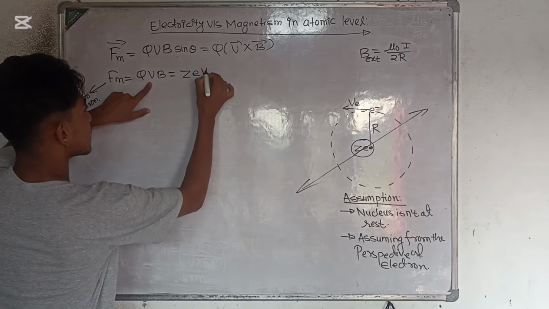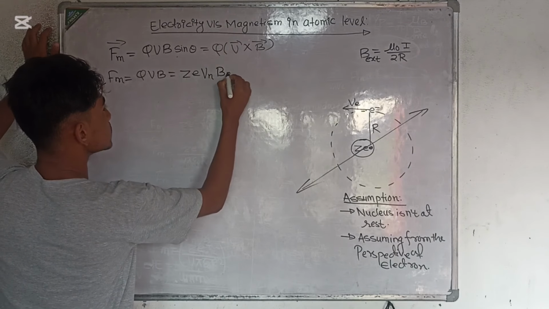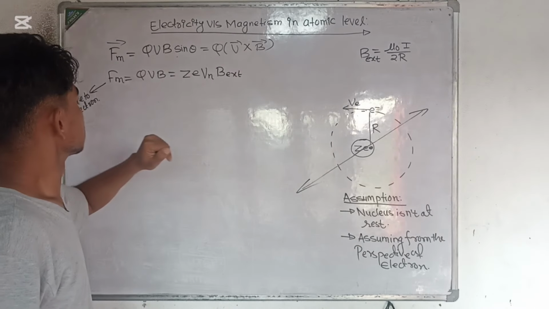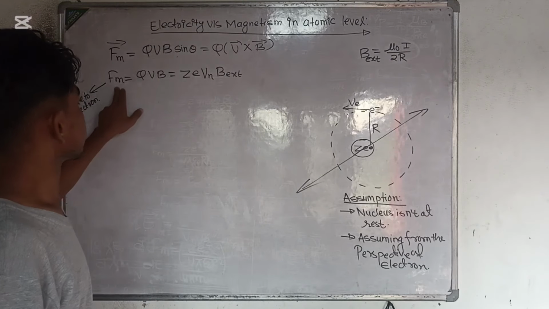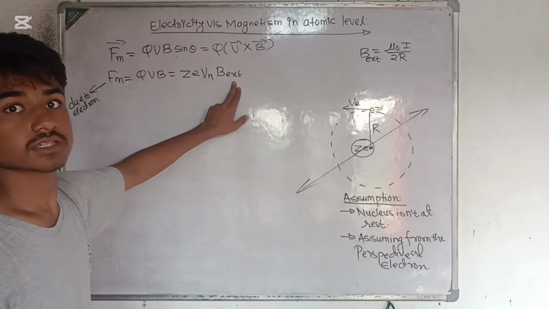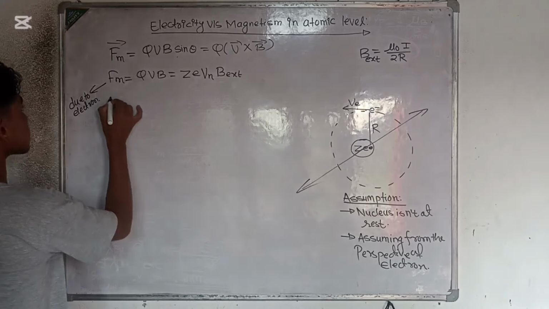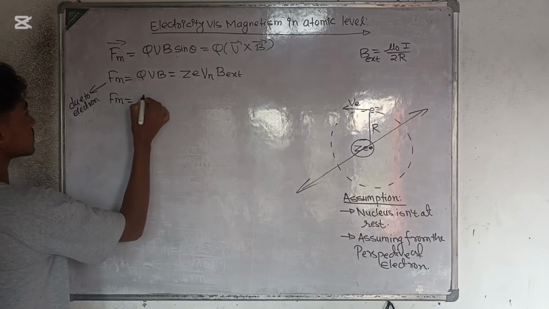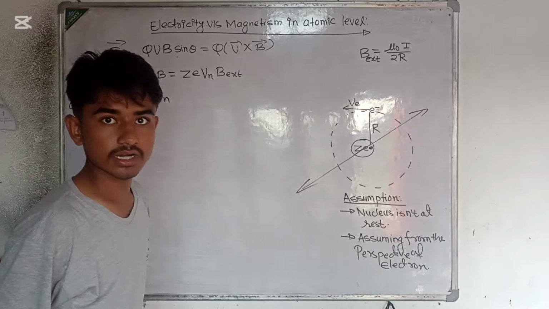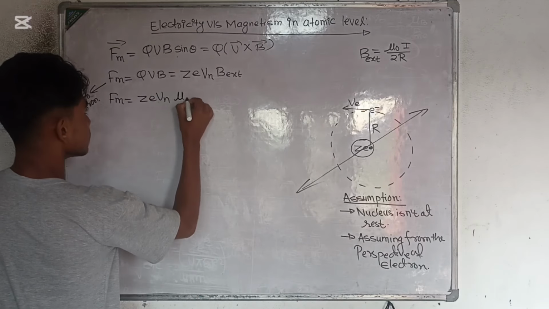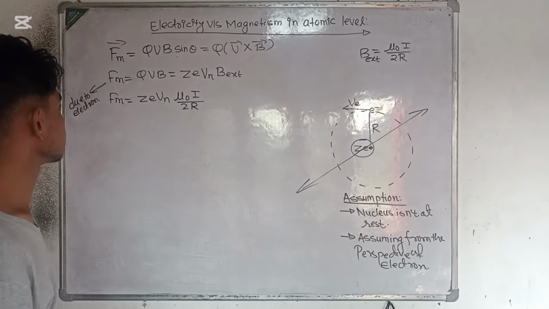V we can write as the velocity of the nucleus, Vn, and B we can write as the external magnetic field. So the nucleus experiences an external magnetic force due to the presence of the external magnetic field provided by this electron, right? So you can write Fm is Ze Vn, and the B external is mu naught I upon 2r.